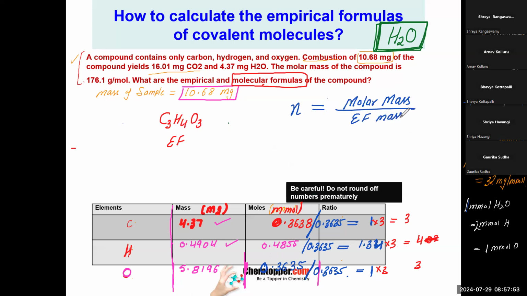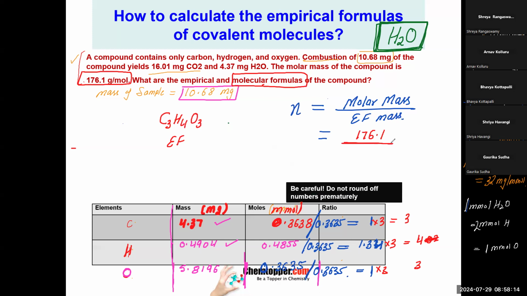Start doing the quizzes. What is the molar mass? Given 176.1. Very good, Shreya H.